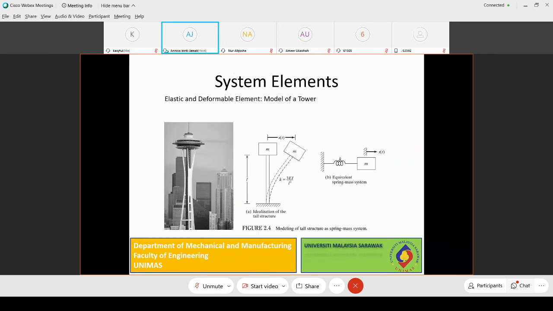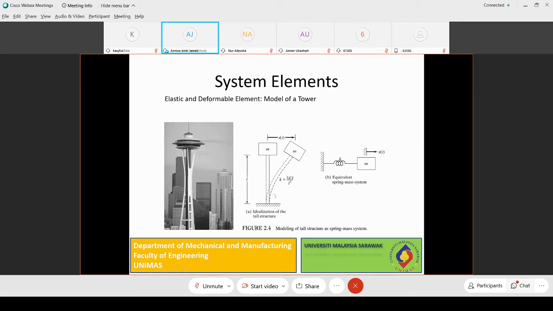Okay, just now we have seen the general types of spring. I think you might have come across this before. If you look at this slide here, if you still remember, I've shown this to you before, how we can simplify the structure into an equivalent spring and mass system. Any elastic or deformable member or element can be considered as a spring as well.